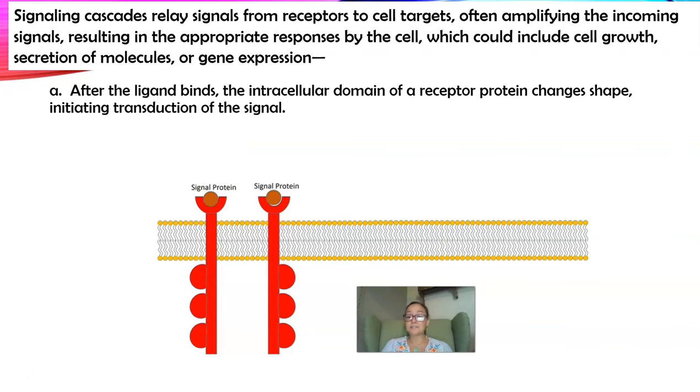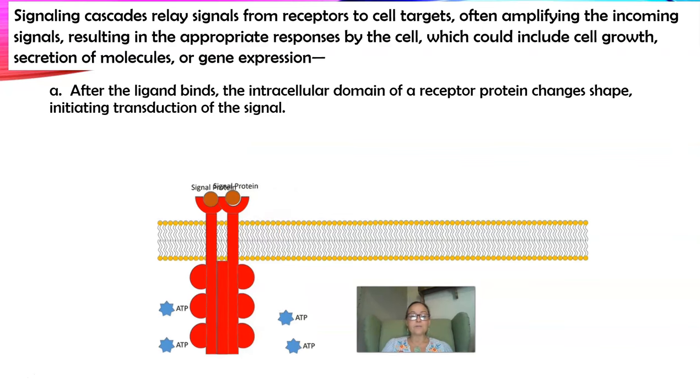Now here are tyrosine kinases. I want to point out though, when we look at a tyrosine kinase receptor, the same thing goes for a G protein linked receptor as well as a ligand-gated ion channel. There are different regions.